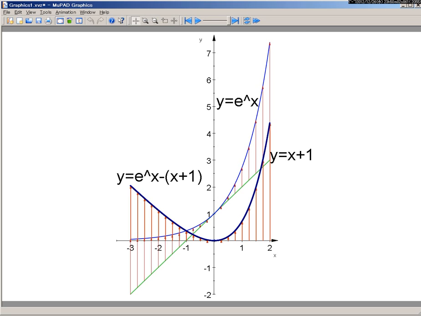This is the second order residue, and we are going to compare this with ax squared.